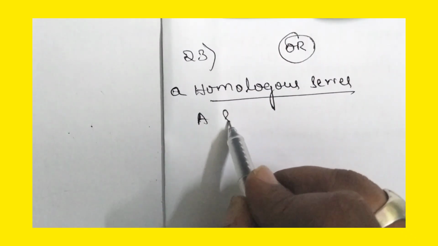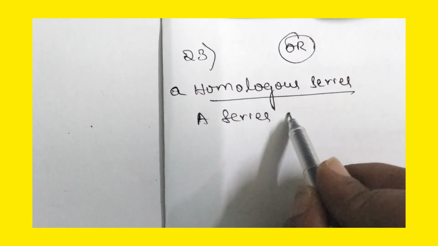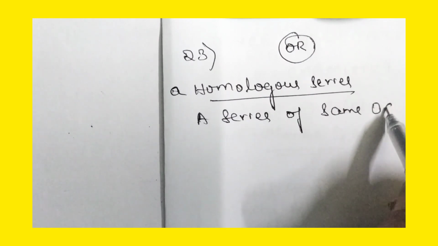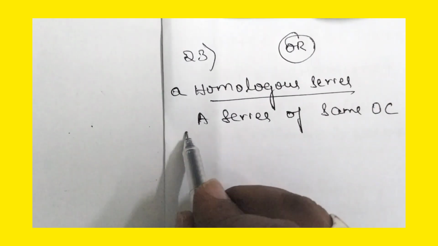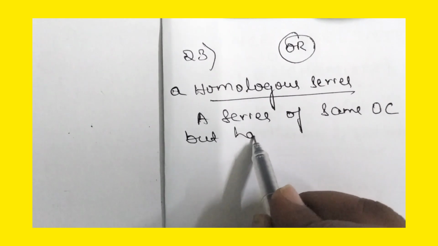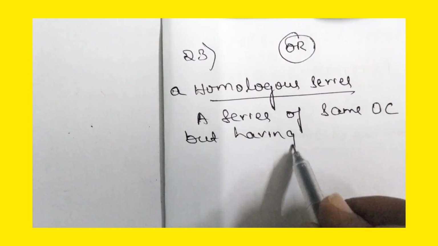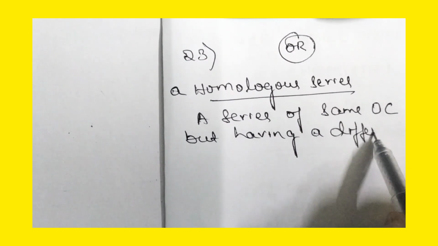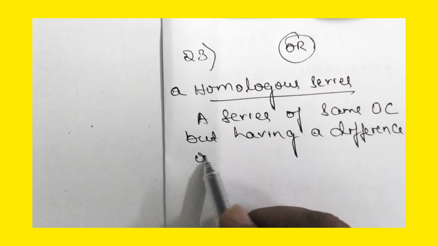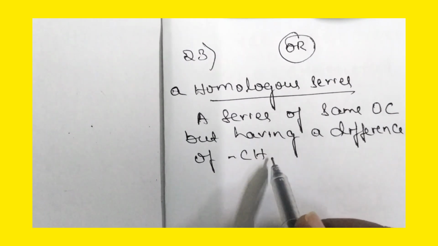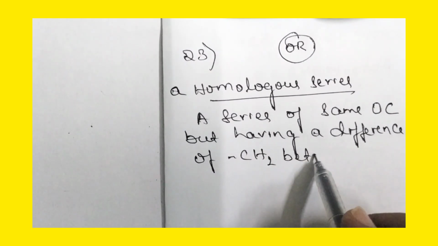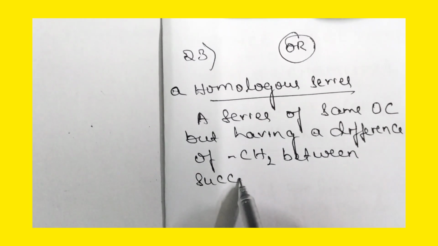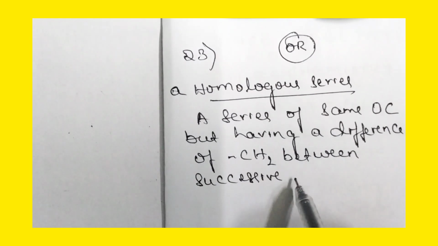A series of the same organic compound but having a difference of CH2 between successive members.